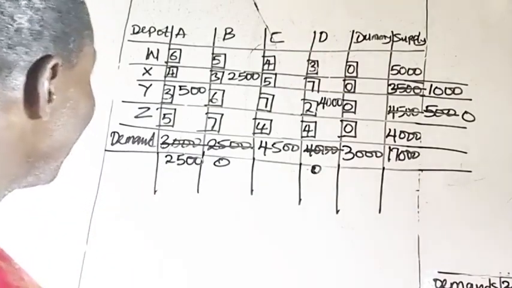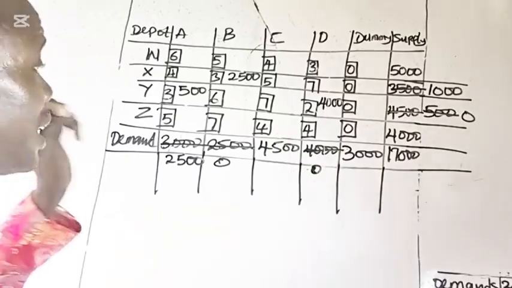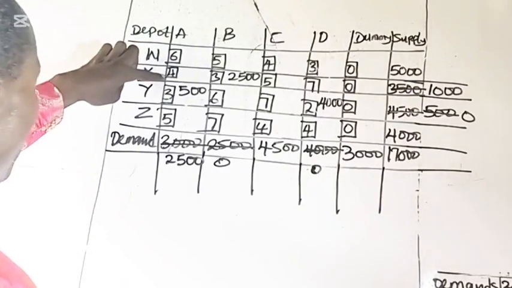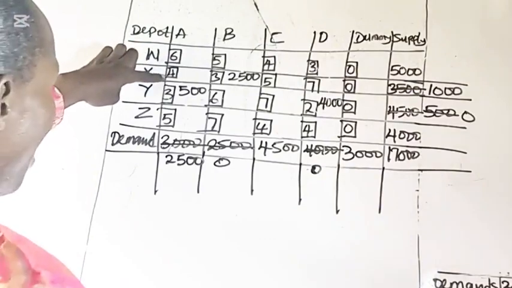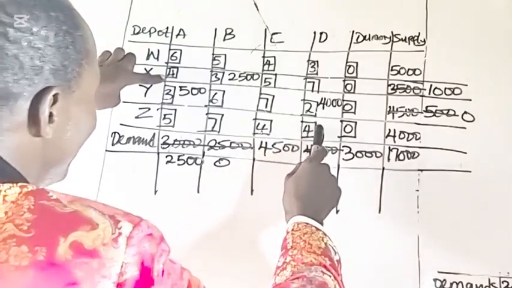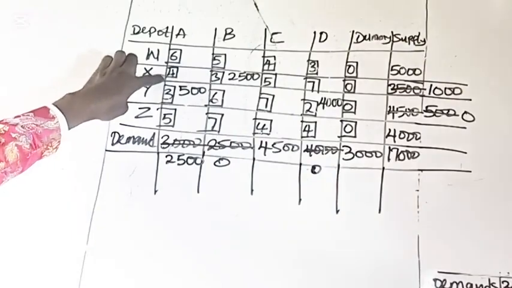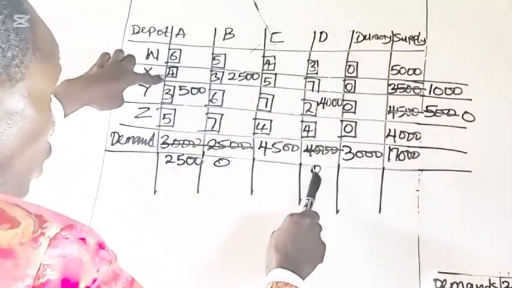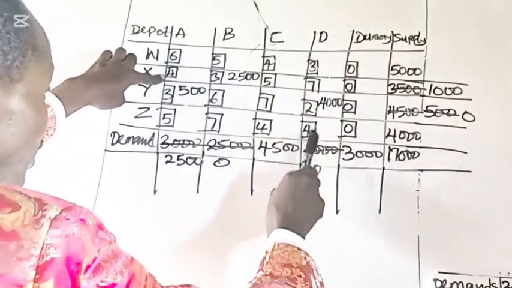Then the next least cost, we have 4 here, you have 4 here, you have 4 here, you have 4 here. Remember, this one will not be counted since you have exhausted what you have in this column. You can't make further allocation to this 4.